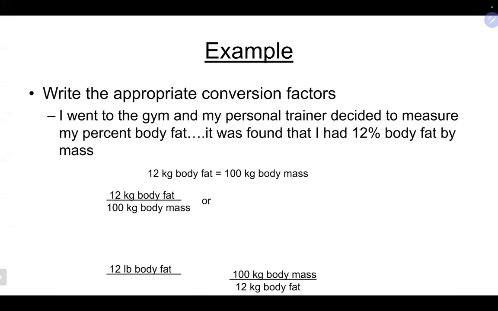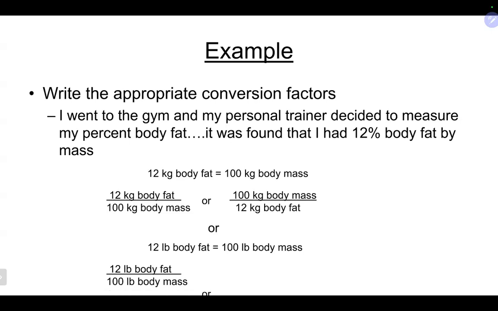A very common thing that we come across a lot in chemistry is sometimes we're given numbers in percentages, and we want to turn them into a usable conversion factor. The best way to do that is to assume that you have 100 of something, so it keeps the percentage, or the numbers, the same. So if you had 12% body fat by mass, you could say that would be 12 kilograms of body fat per 100 kilograms of body mass.